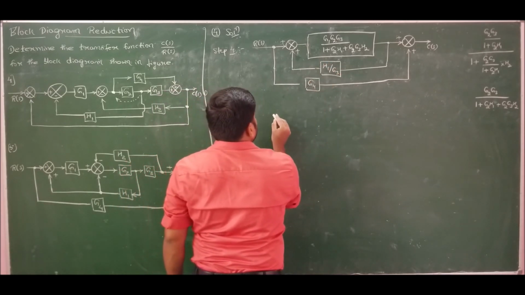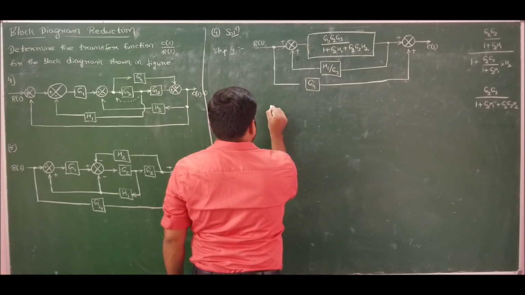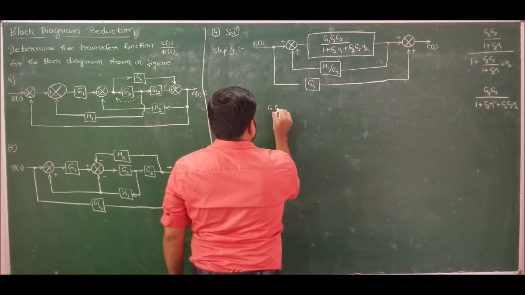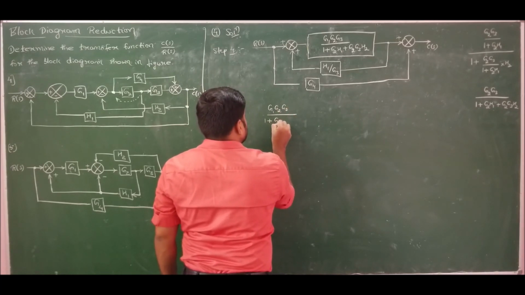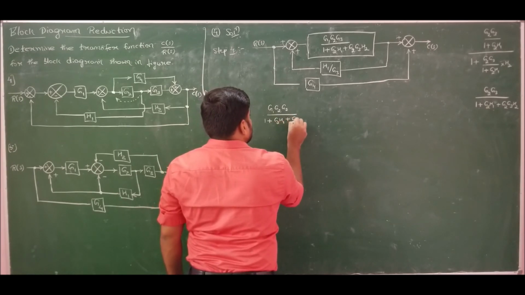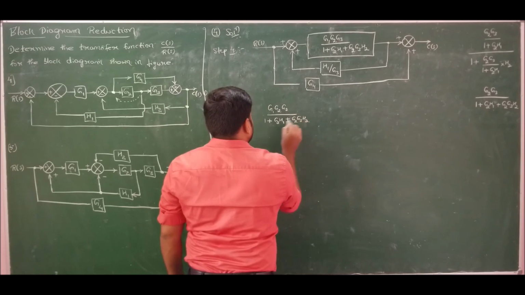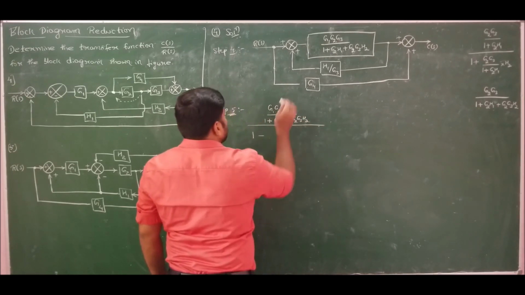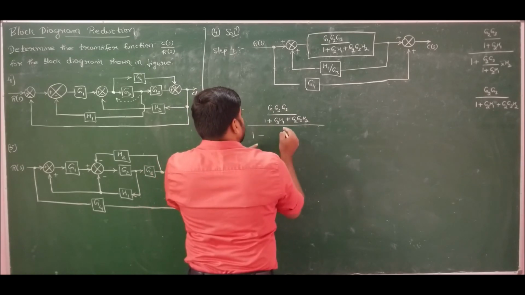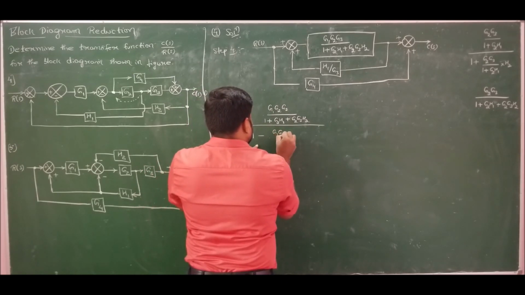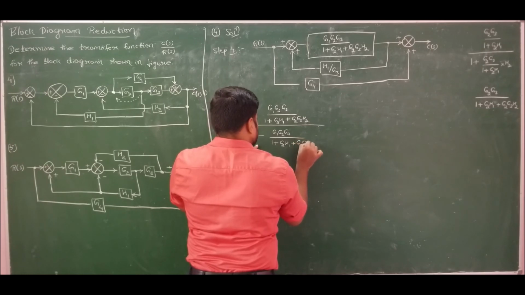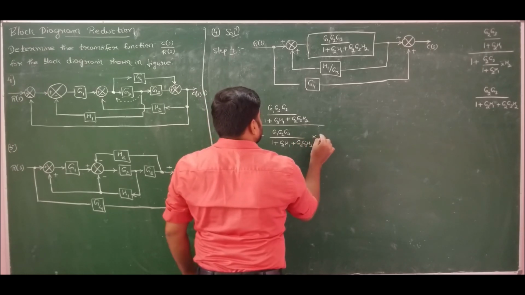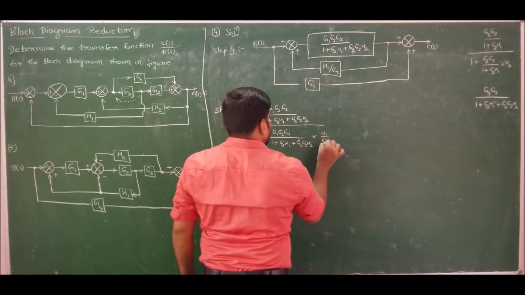If I solve for that, we have G of S, that is G1 G2 G3 divided by 1 plus G2 H1 plus G2 G3 H2, whole divided by 1 minus, because we have positive feedback I should use negative sign, G of S again G1 G2 G3 divided by 1 plus G2 H1 plus G2 G3 H2 into H of S is H1 by G3.